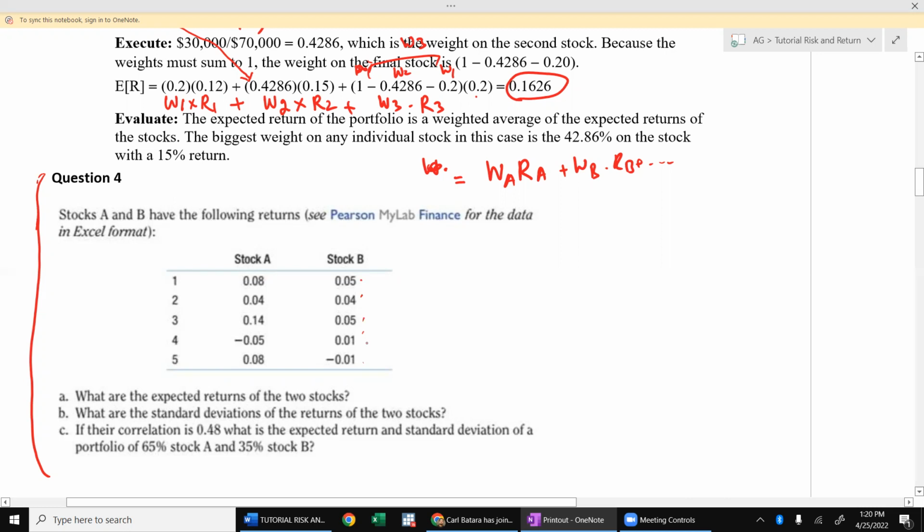Are we given historical data in this question? Yeah, Carl says probability. Anyone else who agrees or disagrees with Carl?